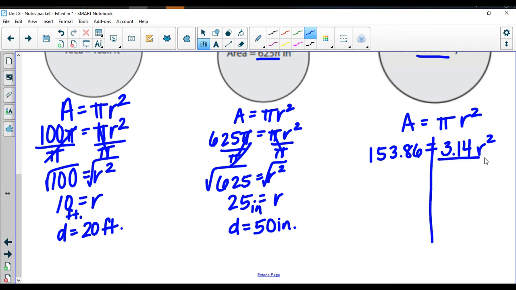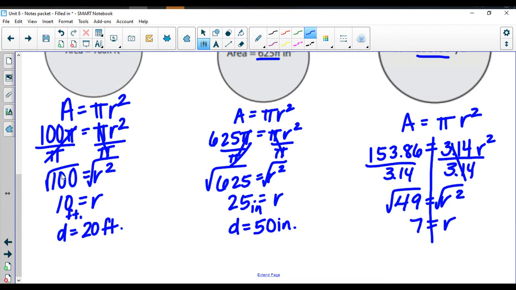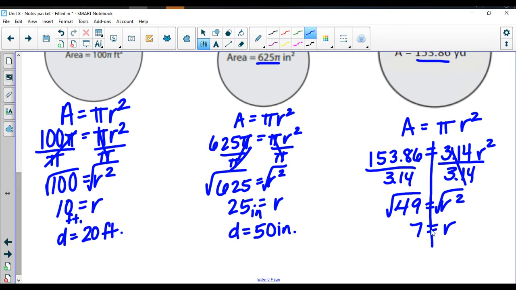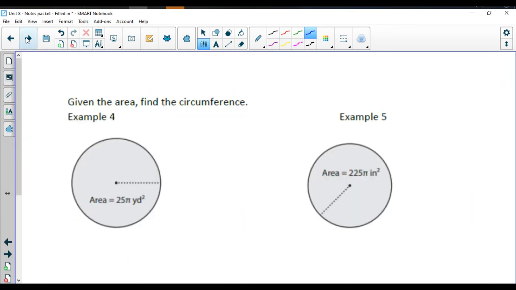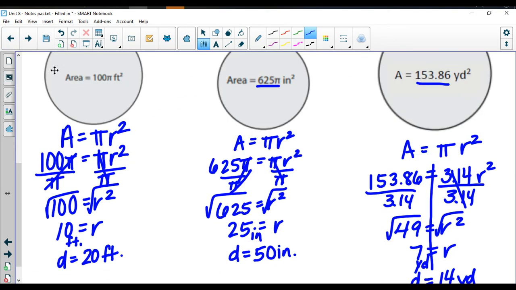So similarly, we're dividing by pi, or 3.14, so I'm going to do that on both sides. 153.86 divided by 3.14 will give me 49 is equal to r squared. Taking the square root of both sides, 7 is equal to r, and our units up here were yards squared, so our radius is yards, and double that up to get your diameter, so that would come in at 14 yards as well.